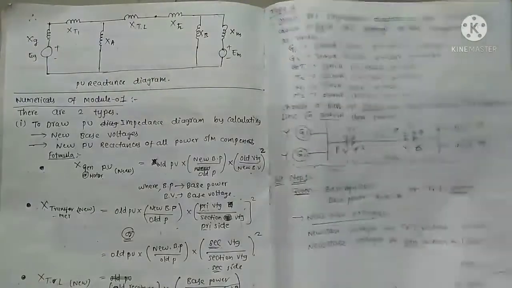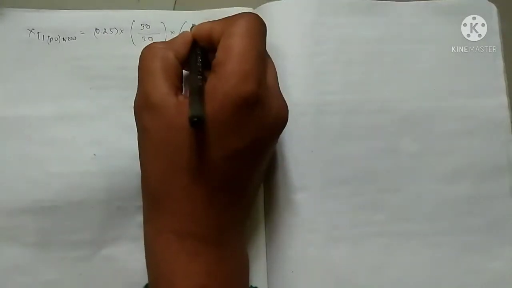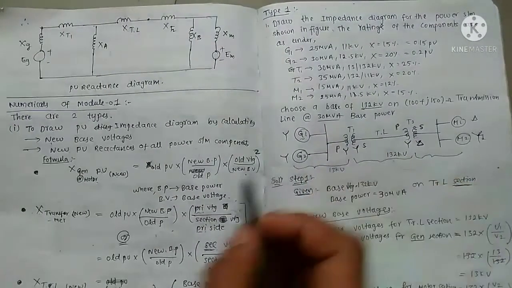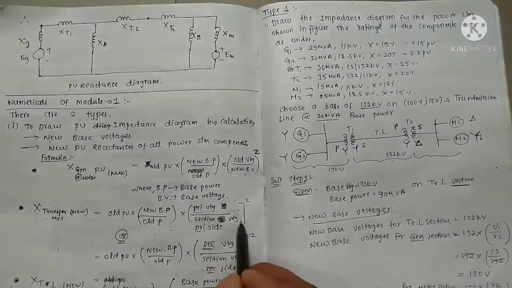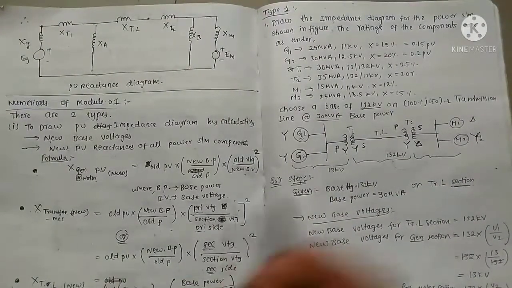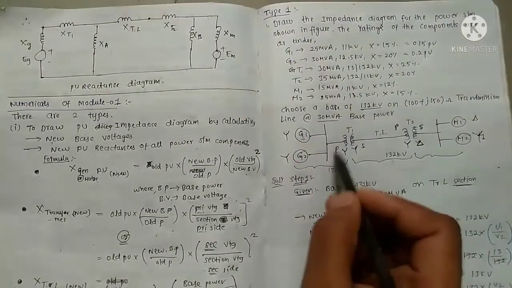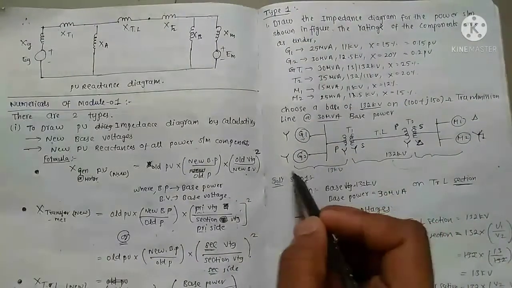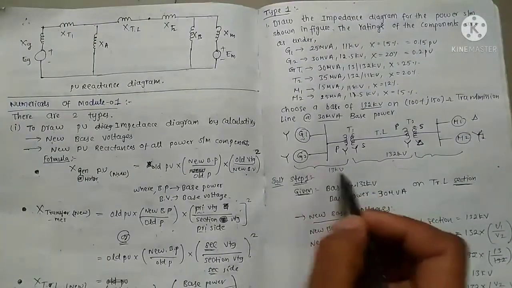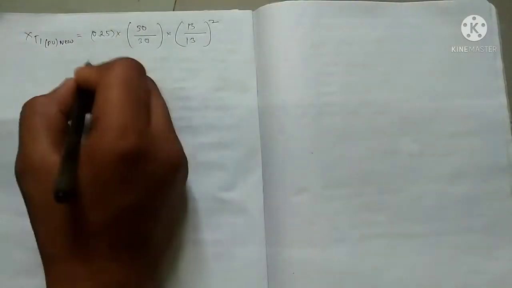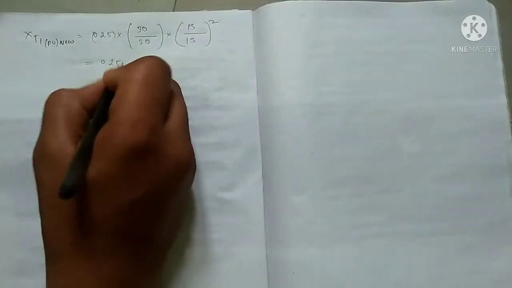Next, the section voltage of the primary side. We took primary of T1, that is 13 kilovolt, divided by the section voltage. Primary side section voltage is 13 kilovolt, so we have to take 13 here. All the components get cancelled, so we will get 0.25 j pu.